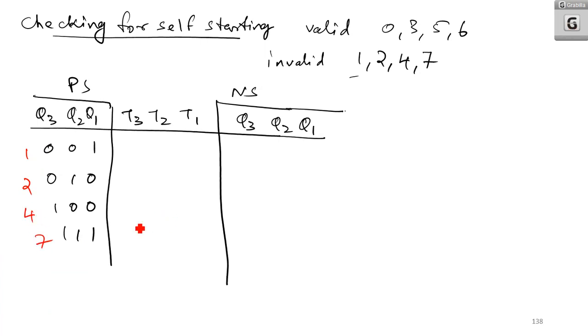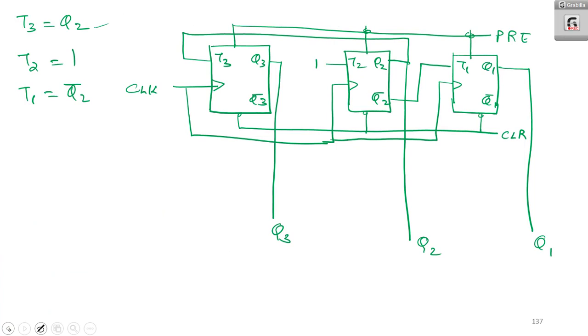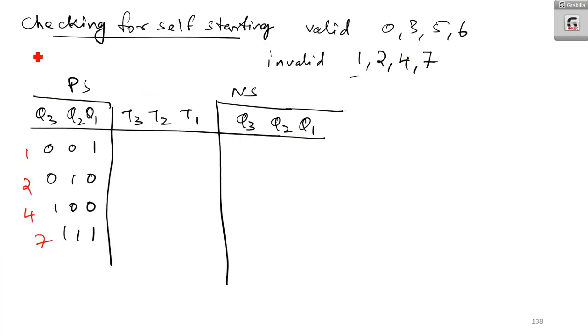So what is the expression of T3? T3 is Q2. And then T2 is equal to 1. Then T1 is equal to Q2 bar. That is based on the present state.